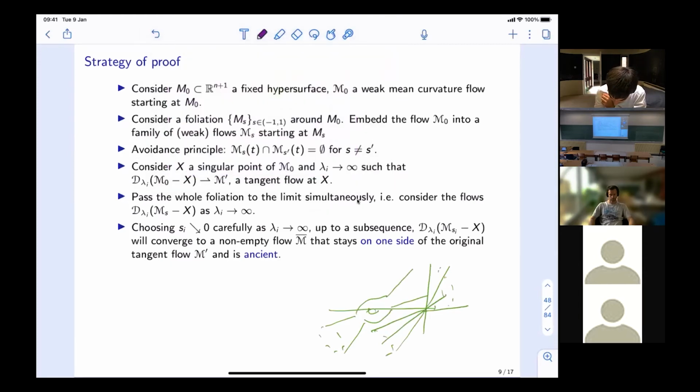So this is like a flow which sort of lives on the outside of this here. And in the end, it will be somewhere on the outside of this cone here. See? That's the idea. But this flow is ancient, because we have scaled up everything. So it's not self-similar, but it's ancient. Okay.